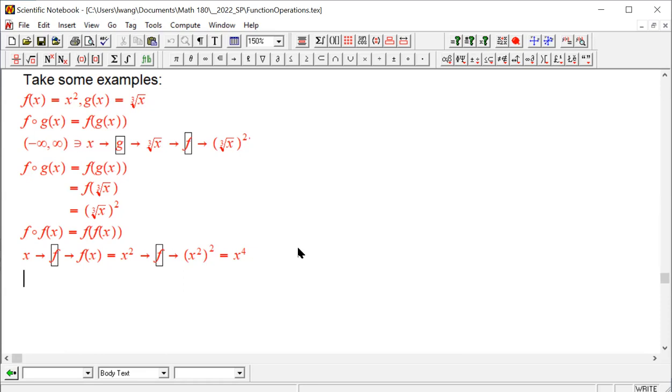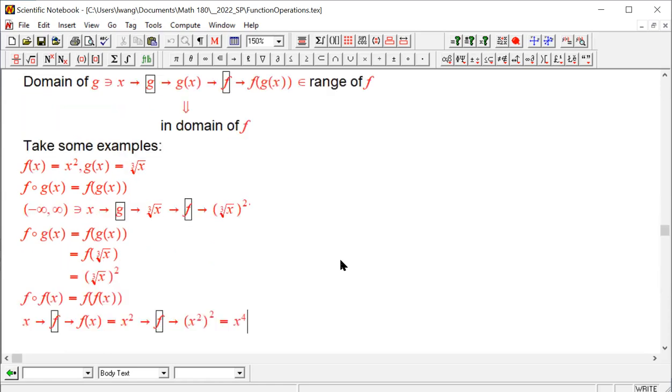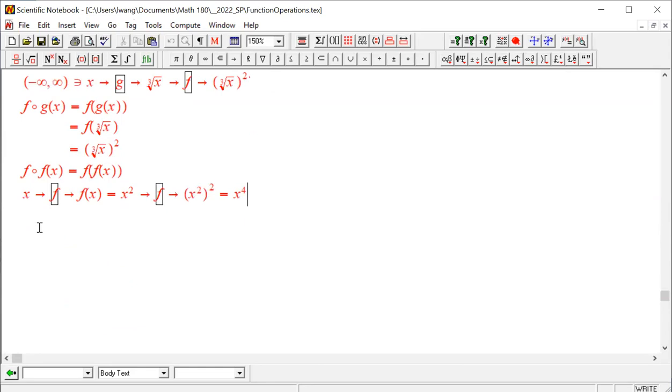Composition will produce new functions, continue to produce new functions, and you get more and more. You can get very complicated functions by composition. And next, what we really want to focus on is that last time we talked about inverse functions.